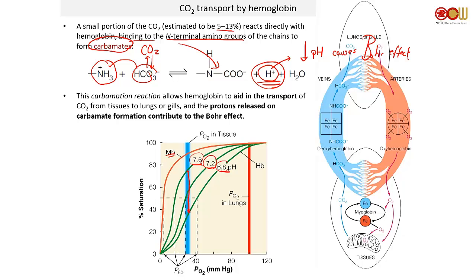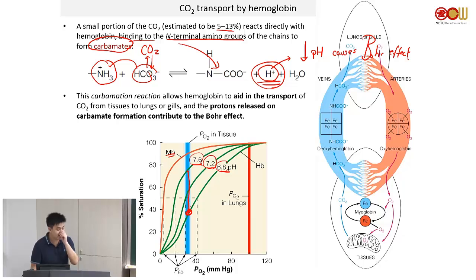So at your tissues, like your hands and stuff, you have a lower pH than other places in your body because you have very good respiration going on, you generate CO2. And as a result, lower pH will cause a preference to go to the T state, the deoxyhemoglobin. The T state is stabilized.